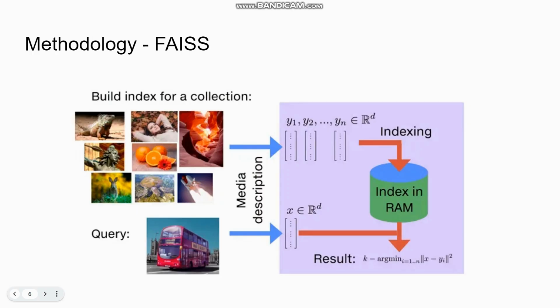When a query is later provided, it is also converted into a vector and compared against the index vectors using a similarity metric. FAISS efficiently retrieves the nearest neighbors, returning the most relevant results.